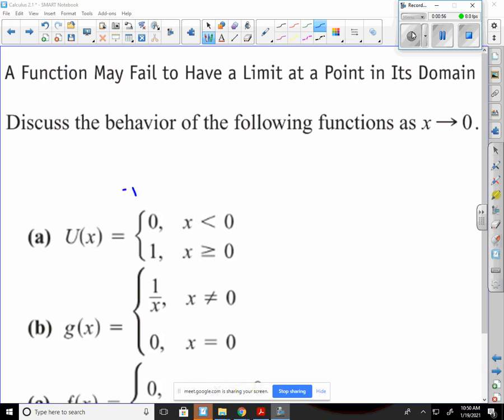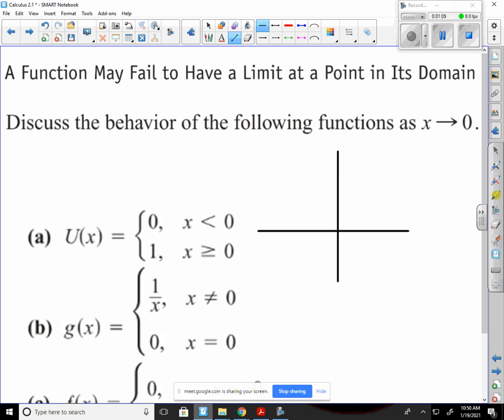So the very first one, part A, when I look at that, I can draw a very crude graph here, and I'll see what the problem is just from drawing my graph. So if I'm looking at anytime x is less than 0, my answer is 0.